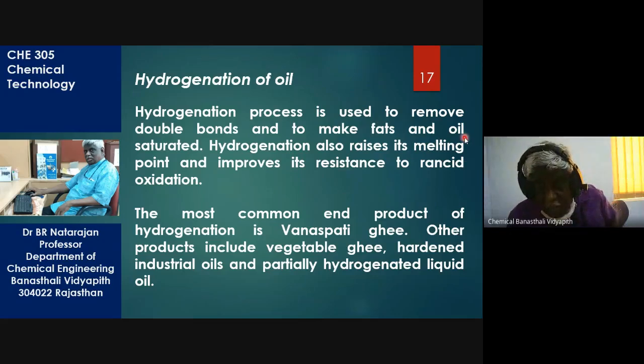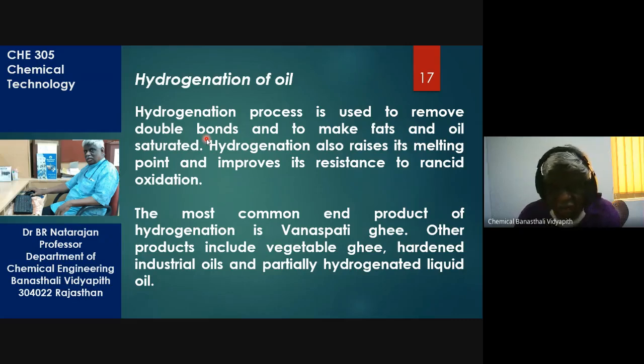Now you see, I told you oil is liquid, whereas ghee is solid, butter is solid. Why is it so? The hydrogenation process is used to remove, see, the oil contains hydrocarbon. Some of them are saturated, some of them are unsaturated.